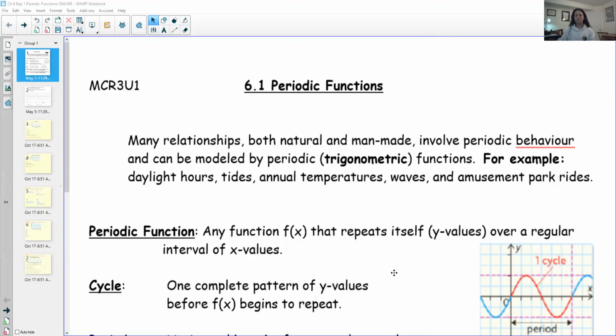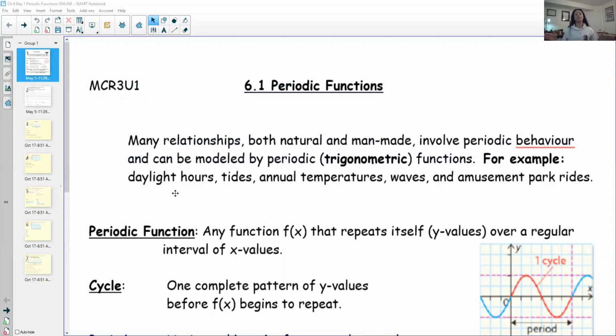So there are a lot of times in real life where you're going to see something called a periodic function. It's a repetitive pattern that we can express or explain or describe using mathematical equations. So the examples here, we talk about daylight hours. Every time the sun rises and sets, right? The amount of hours in a day. The tides, right?